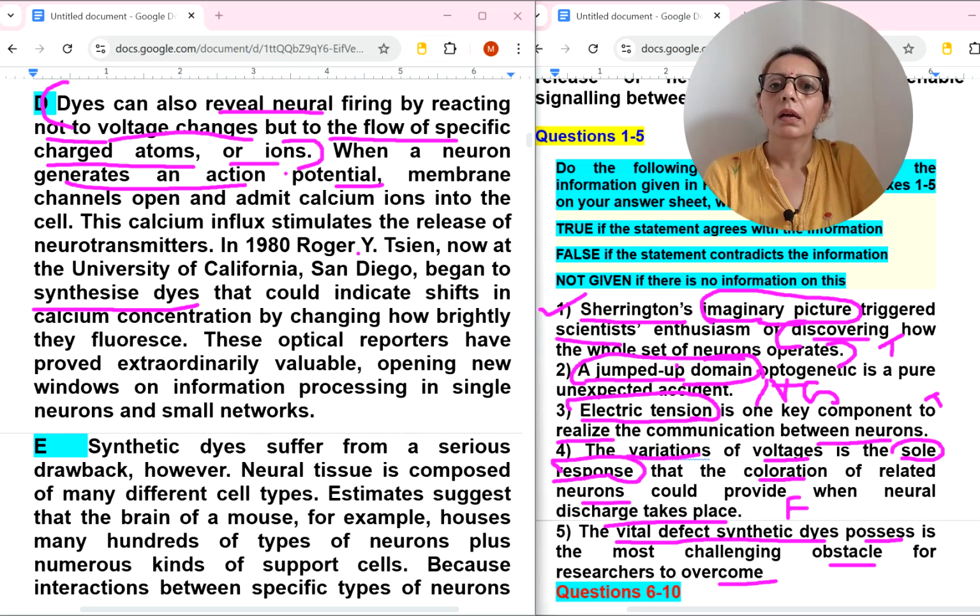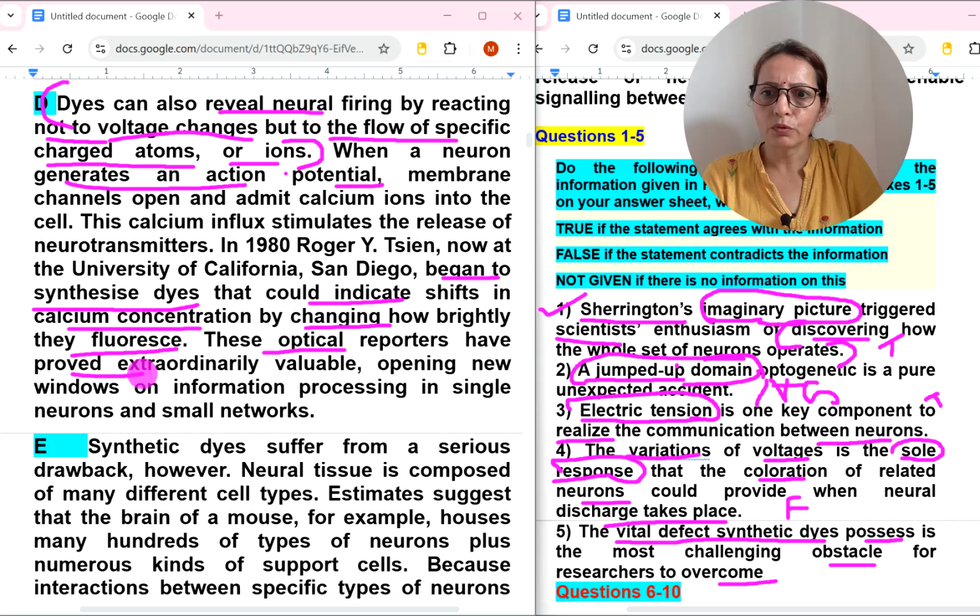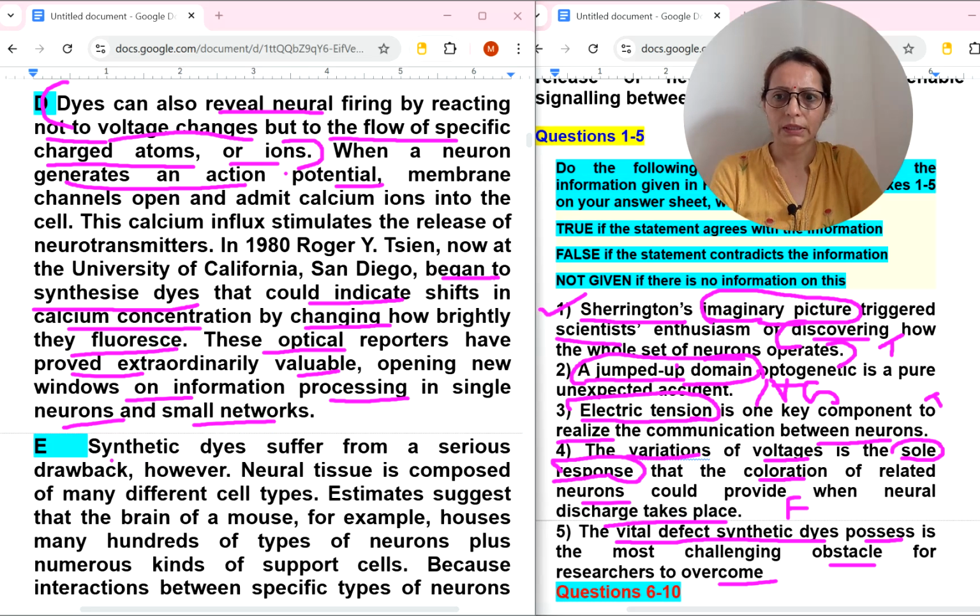See this: began to synthesize dyes that could indicate shifts in the calcium concentration by changing how brightly they glow. These optical reporters have proved extraordinarily valuable, opening new windows on information processing in single neurons and small networks. Synthetic dyes suffer from a serious drawback. Yes, we were looking for defect, so defect is drawback here.